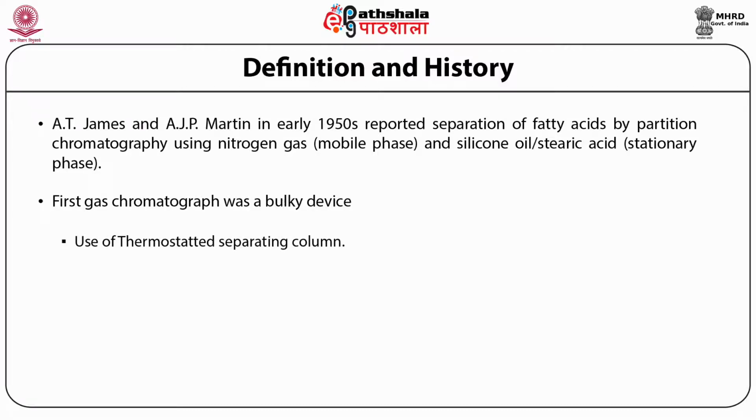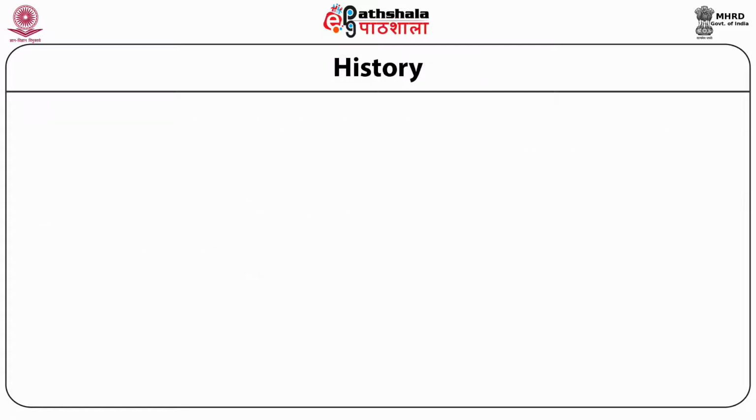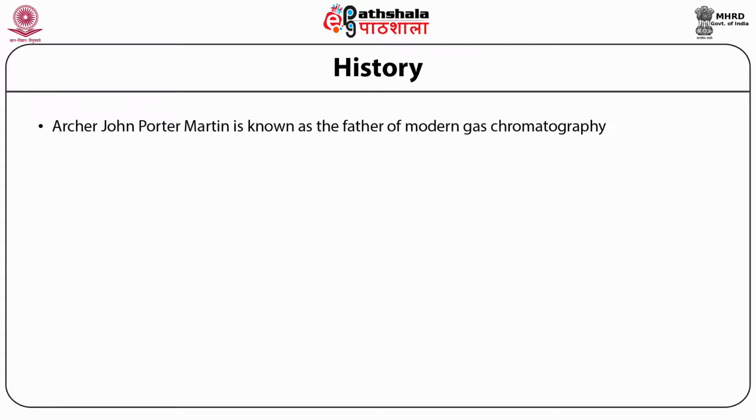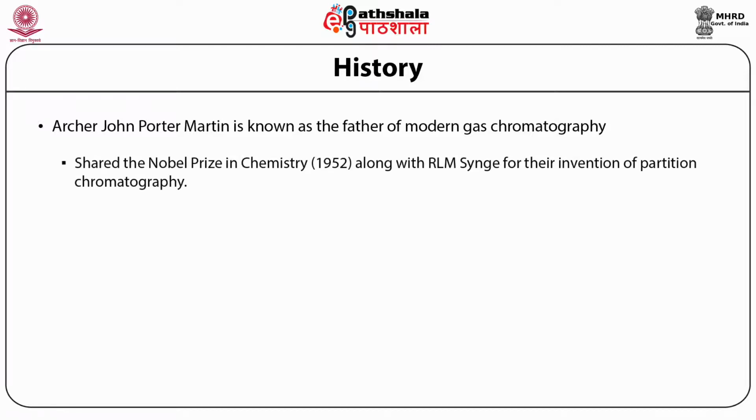Initial detectors were automatic titrating devices that were located at the base of the column. Martin is known as the father of modern gas chromatography. In 1952, he, along with Synge, shared the Nobel Prize in Chemistry for their invention of partition chromatography.